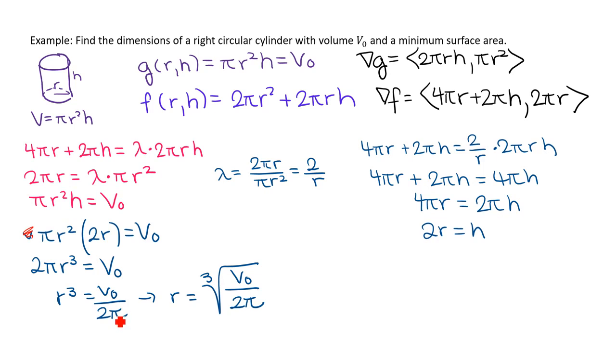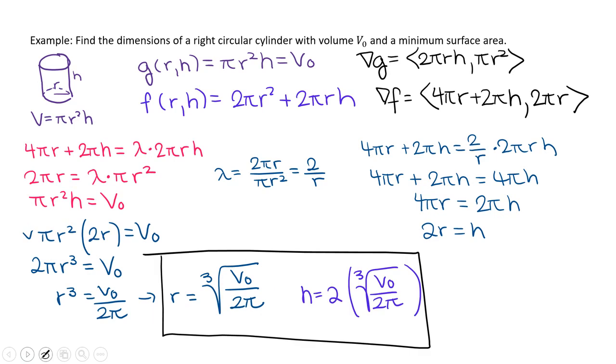So r to the third equals v naught over 2 pi. So r is the cube root of v naught, that's our fixed volume, divided by 2 pi. And then our h value is going to be twice that radius. So my h value would be 2 times the cube root of v naught over 2 pi. All right, and that's my answer.